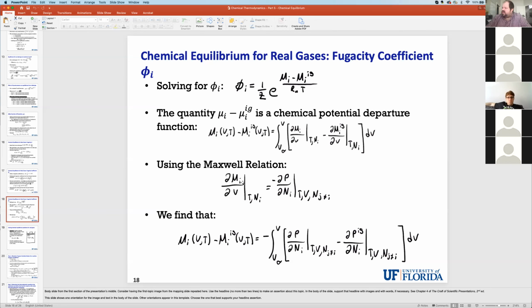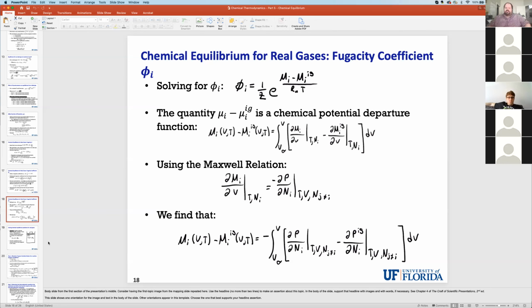This turns a very complicated derivative into a much simpler one. We make the substitution here and find that our departure function, which can be used to evaluate phi of i, is just this expression here.